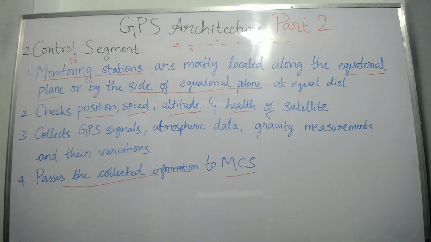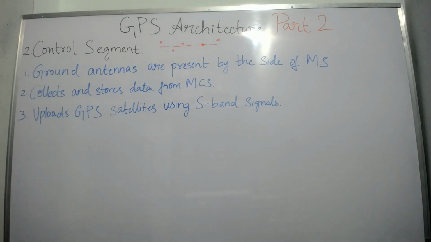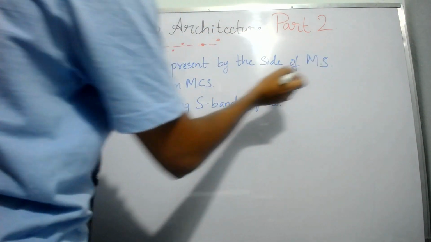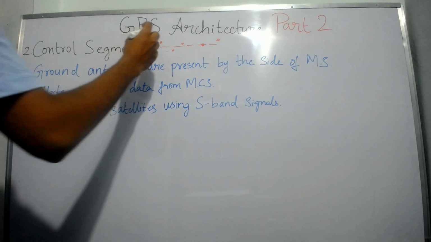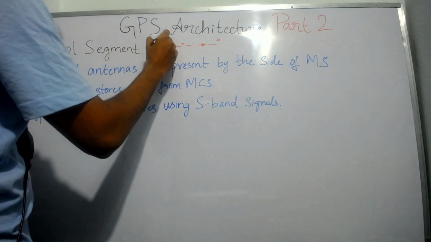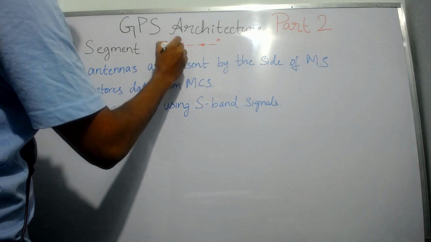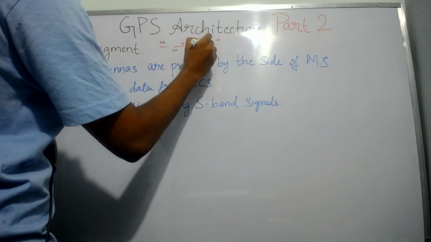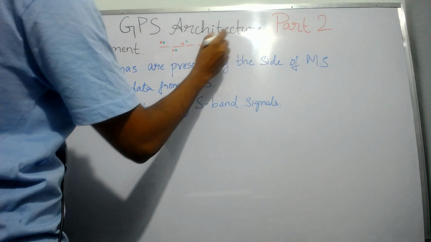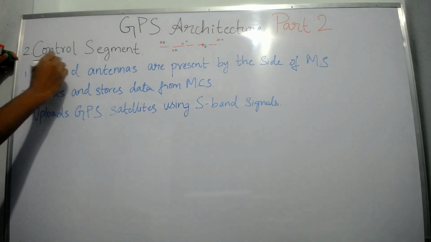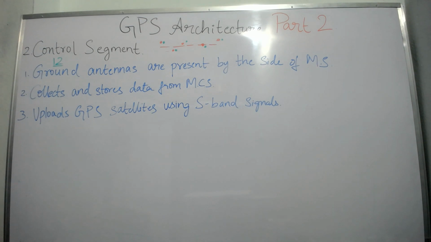Now, lastly, let us talk about ground antennas. Ground antennas are present by the side of monitoring stations. In the earlier point, I told you that these are monitoring stations. So, the ground antennas are present beside them. There are 12 ground antennas in the GPS system.